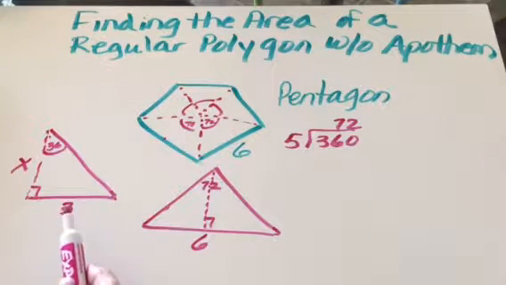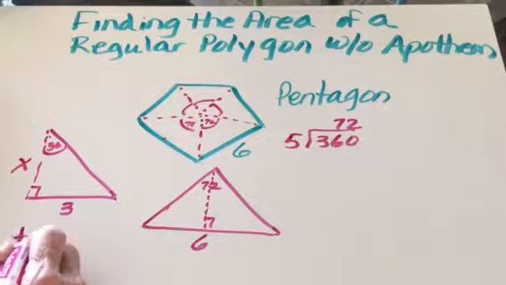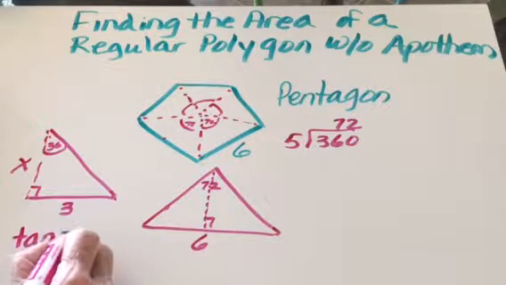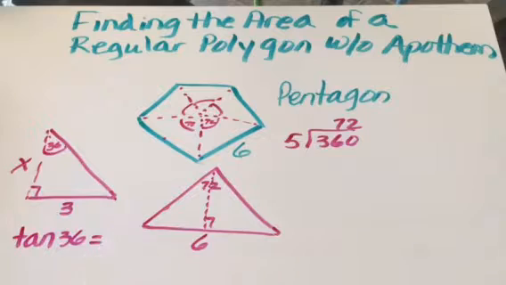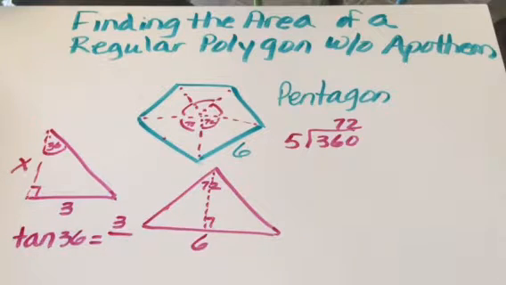So what trig function do I use when I know the opposite and the adjacent? It's the tangent. All right, so the tangent of 36 equals what? The opposite, which is 3, over the adjacent, which I don't know what it is. That's the whole point.